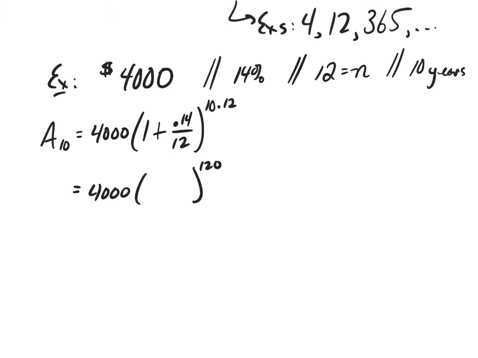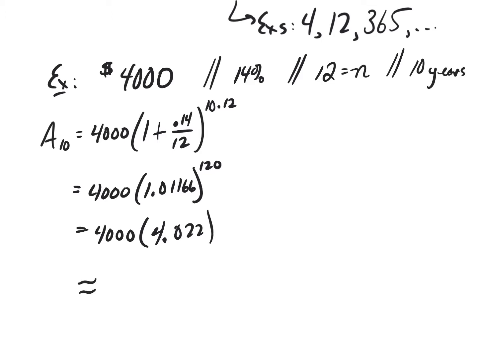Let me do the calculation inside for everybody. 1 plus 0.14 divided by 12. If I punch that out, I got about 1.01166. So I'm going to raise that to the 120th power, and we get something along the lines of 4.022.